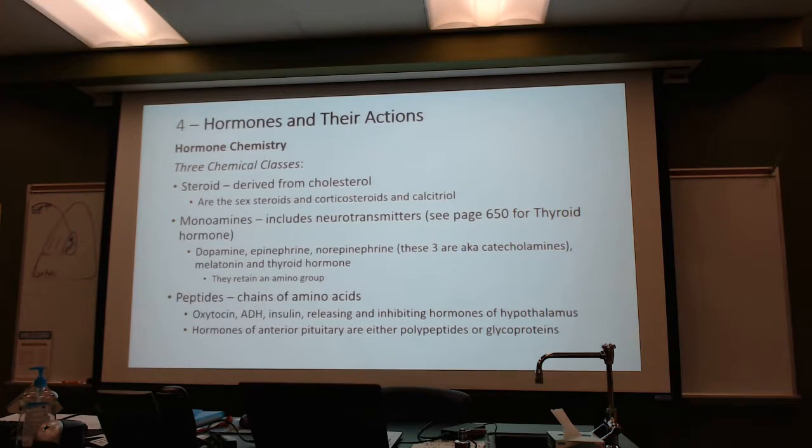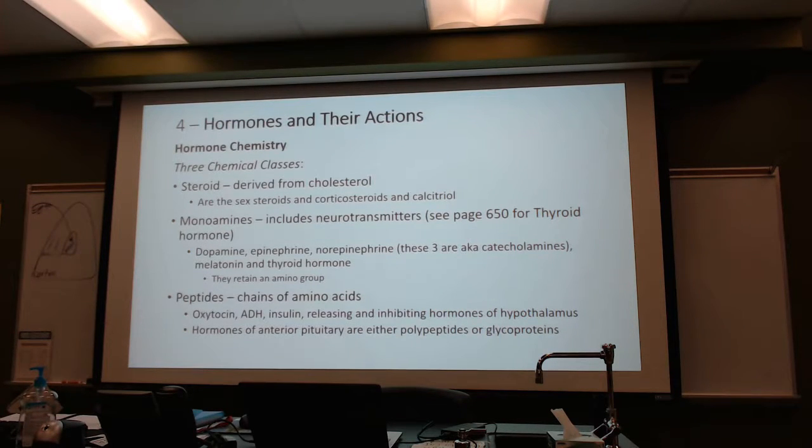The other ones get coded for, or I shouldn't say coded for, are given directions for in the anterior, because everything else is anterior pituitary. Insulin, releasing and inhibiting from the hypothalamus.